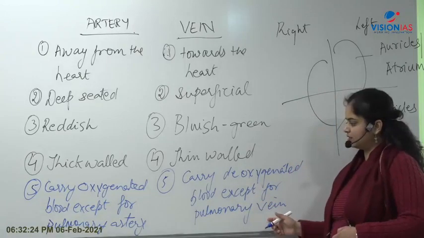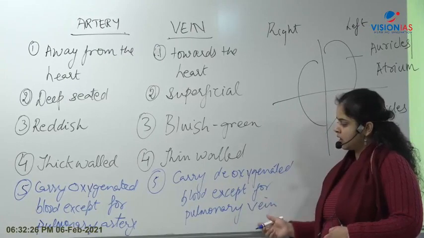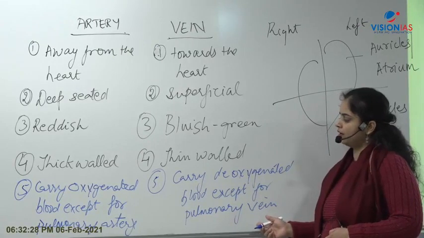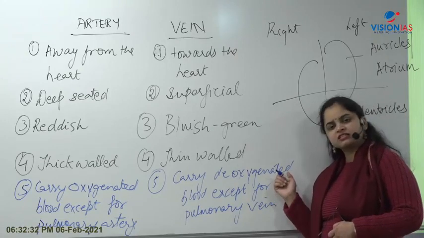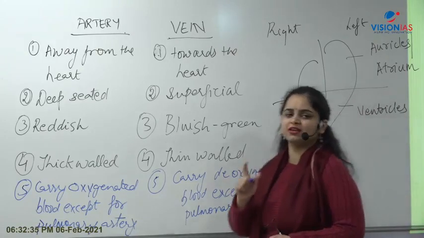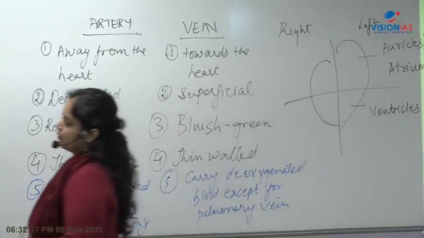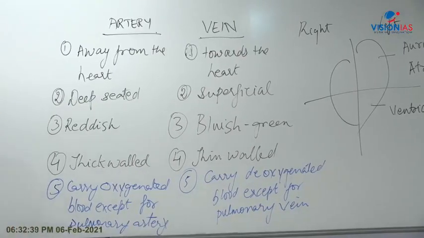Except for the pulmonary vein, all your veins will have deoxygenated blood, and it is the presence of this deoxygenated blood which is giving this bluish color to your veins.